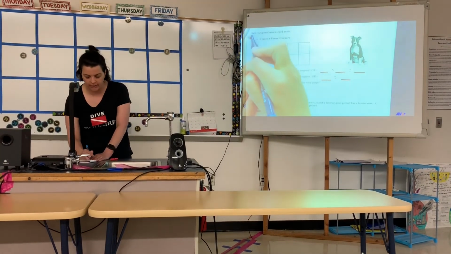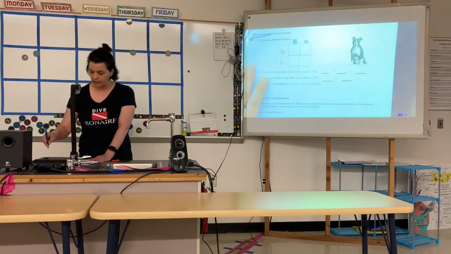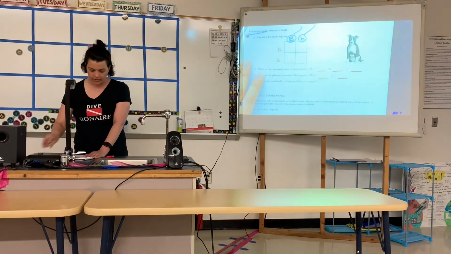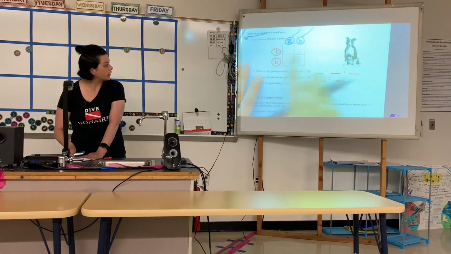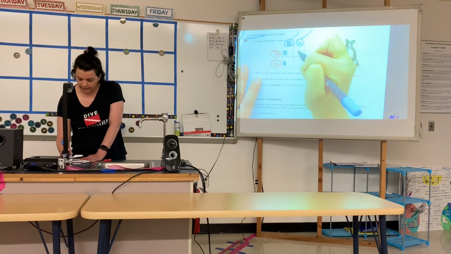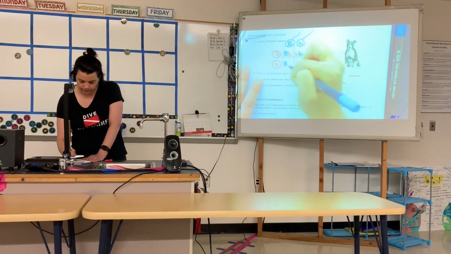So heterozygous is cluing us in that it's different letters, okay? So here's our dad, sperm. Here's our female, eggs. And we're gonna bring these down and cross these over. So he has a big B coming down, there's a little b coming down, and there are these little b's coming over.